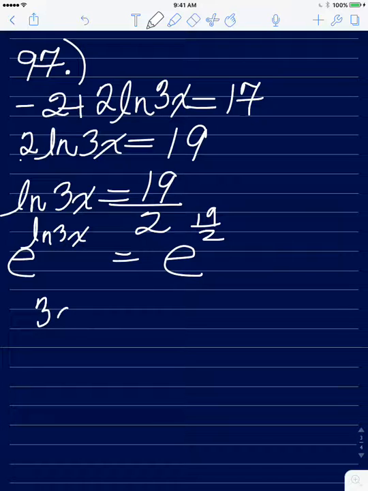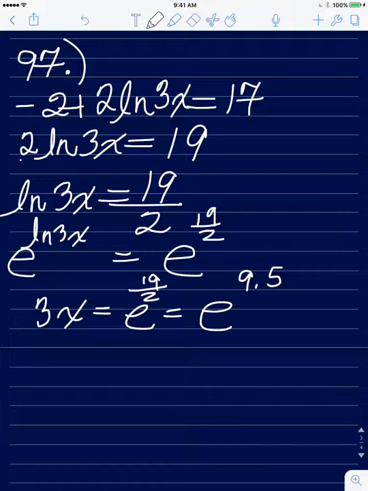I'm left with 3x equals e to the 19 over 2, which by the way is the same as e to the 9.5 power. And finally, x equals e to the 9.5 over 3. And we're done, because now we have x by itself.